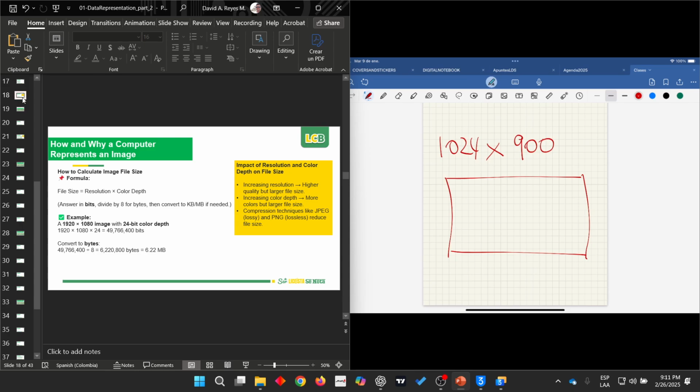So this is the width and this is the height, and this image is using 24 bits. So if you want to calculate that image size, you need to do 1024 times 900 times 24. This result is going to be given in bits.